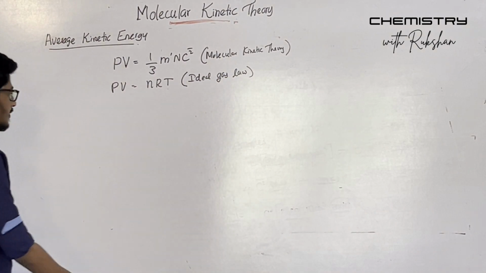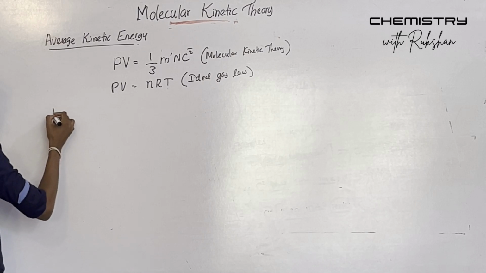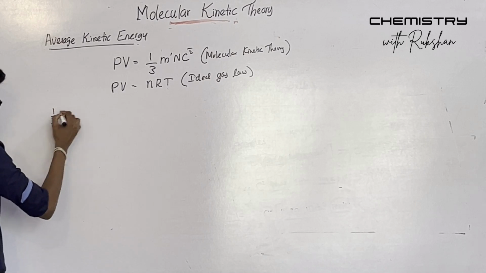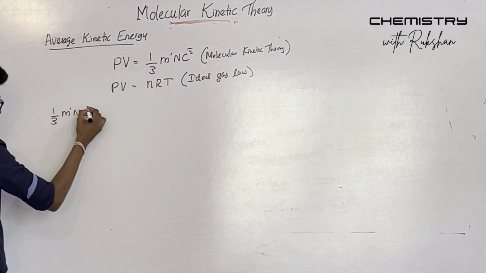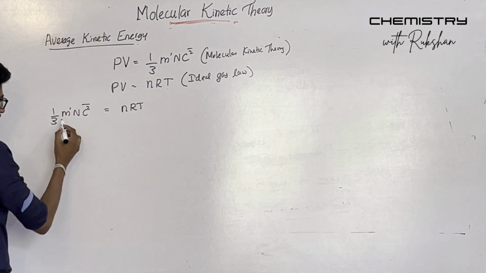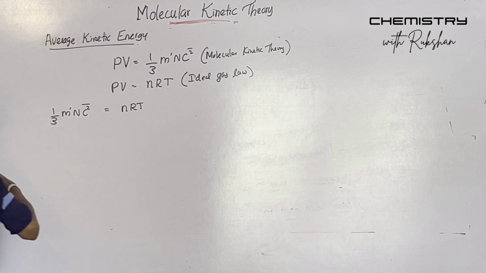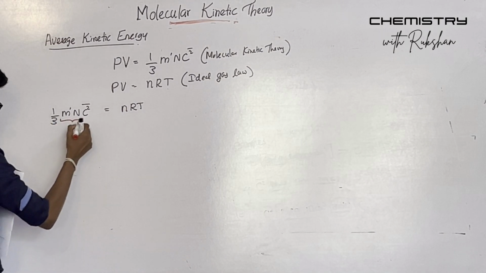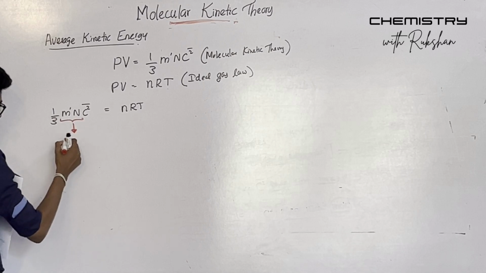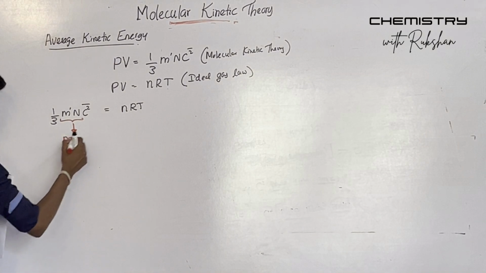If you combine these two, you'll come up with one-third m dash c squared bar is equal to n R T, where m dash is the mass of the gas. The first steps are the same as the earlier derivation.